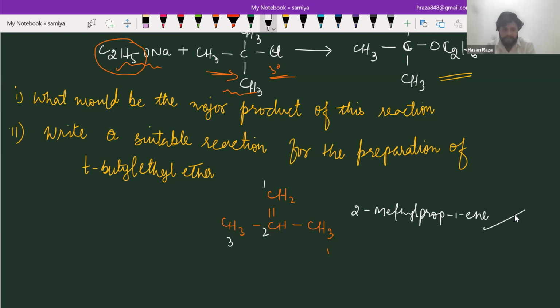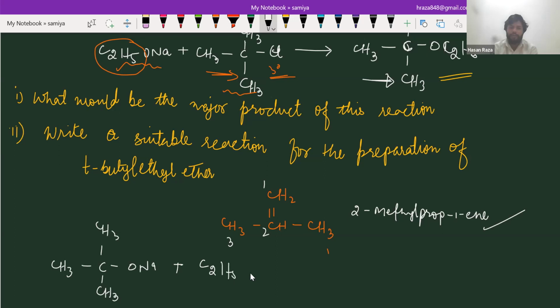Are you getting my point? Yes, sir. Now see, in order to prepare this, what do you need to do? It's very simple. We are going to take the alkoxide part with tertiary and the primary part with alkyl halide. That will be basically C2H5X.